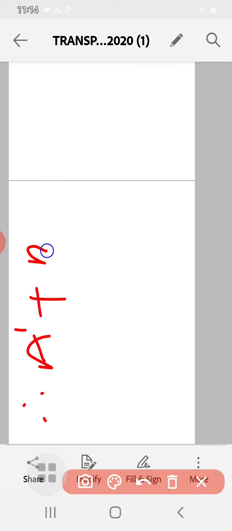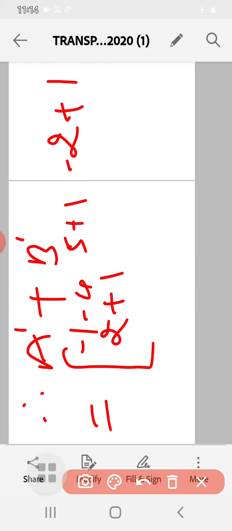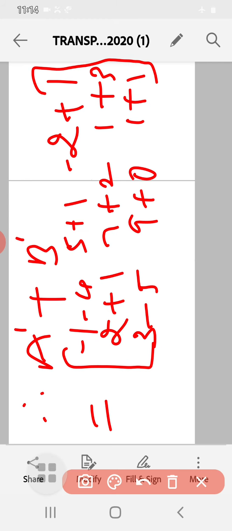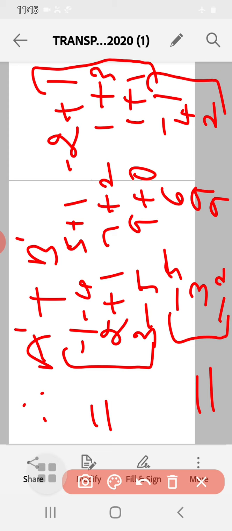Therefore A dash plus B dash is equal to, see, we'll write the corresponding elements, minus 1 minus 4, 5 plus 1, minus 2 plus 1, 2 plus 1, 7 plus 2, 1 plus 3, then 3 minus 5, 9 plus 0, 1 plus 1. So this is the corresponding element. See here, minus 5, 6, minus 1, then 3, 9, 4, minus 2, 9, 2. So this is A dash plus B dash.